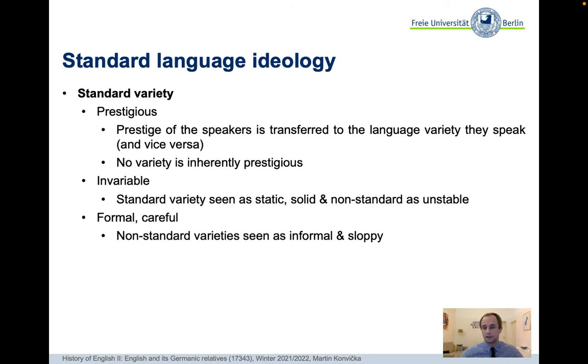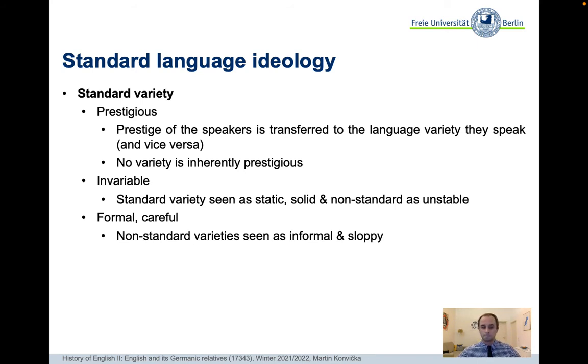Another thing that is very often associated with a standard variety is that this variety is stable, it's invariable. Standard variety is supposed to be static, solid, not changing. This is something that should always be as it is. Whereas non-standard varieties, dialects, sociolects, or the way people use language in their everyday lives is seen as unstable.